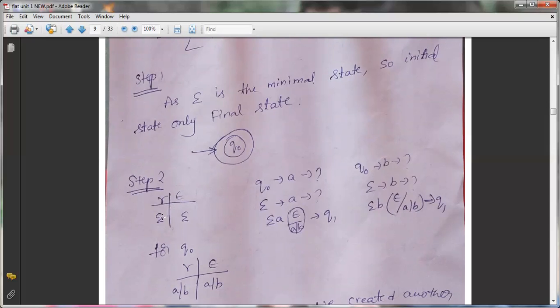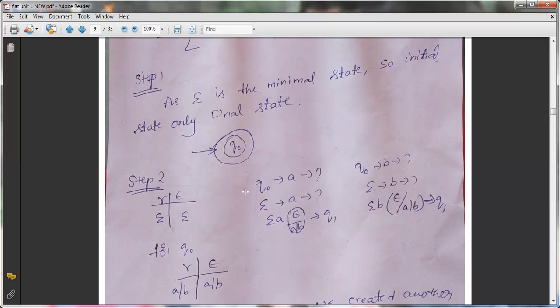Is there any input we are giving here? No, so that will be epsilon. Is there any expected value we are giving? No, so that is also epsilon. The read value is epsilon and the expected value is also epsilon, because we are not giving any input here. It is a null string.